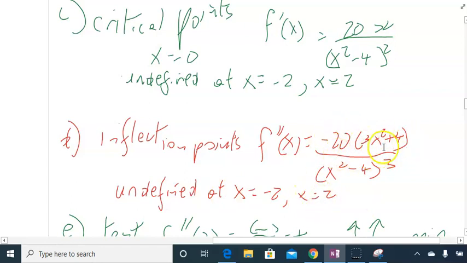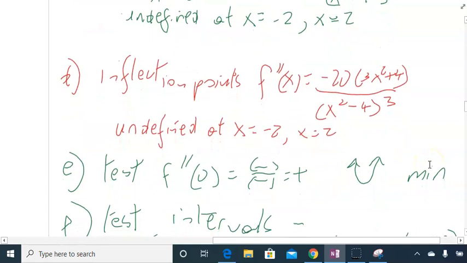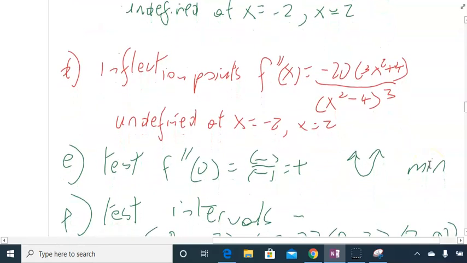From the numerator, it just wouldn't make any sense; in terms of real numbers, you wouldn't get any answers there. Then you want to test to find your maximum or minimum, test the critical point f double prime of 0. You find that you have a negative over negative, that's a positive number. It's concave up, therefore it's a minimum point.